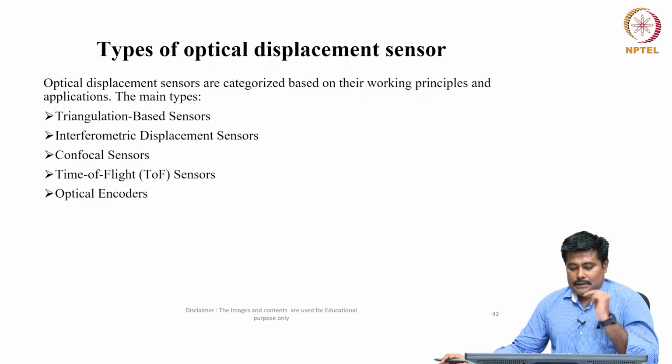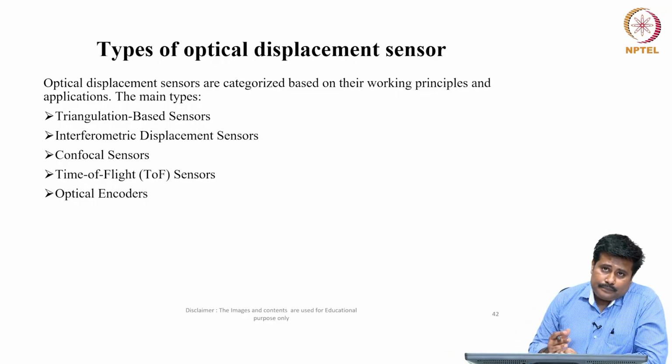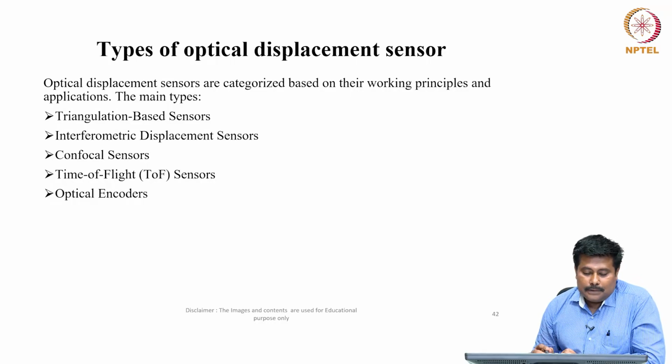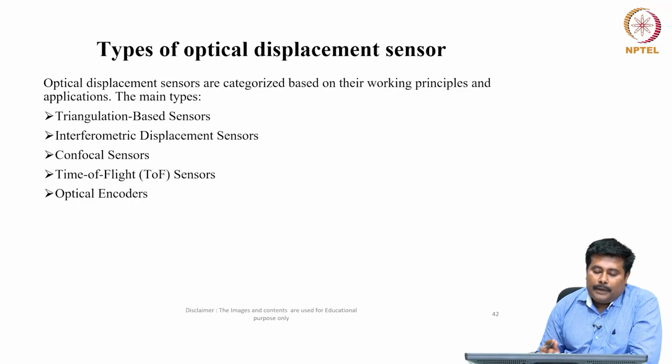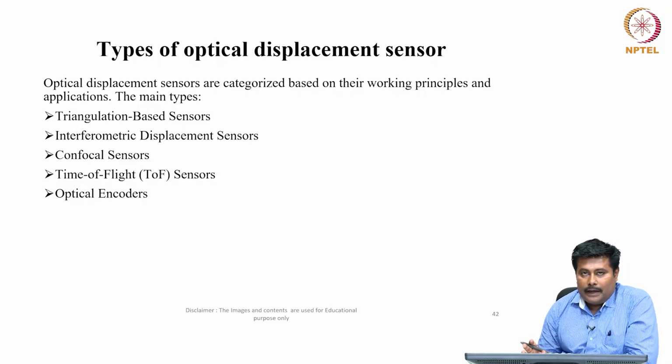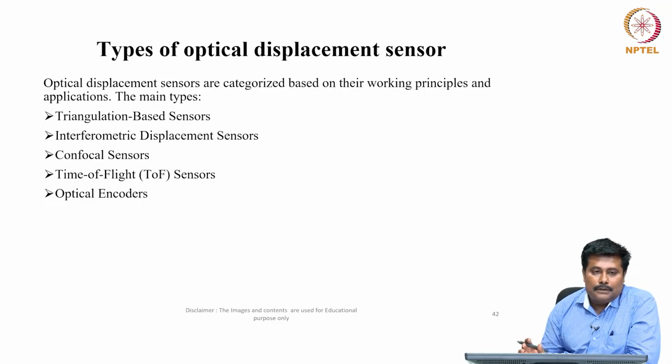Now, let us discuss the different principles which are deployed for a typical optical displacement sensor. The optical displacement sensors are categorized based on their working principles as well as their applications.